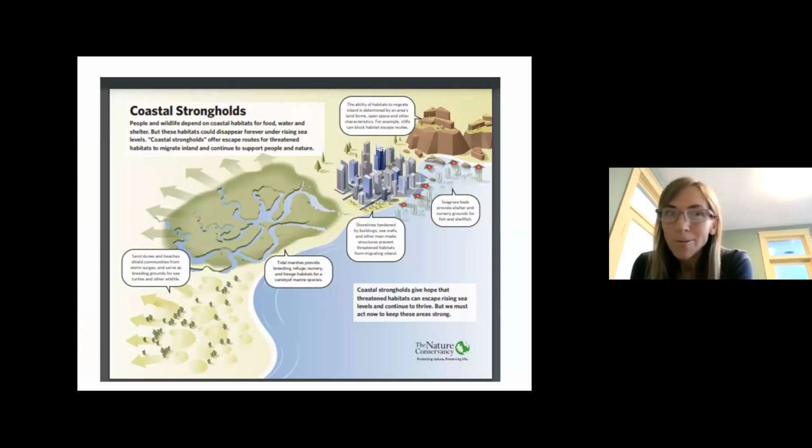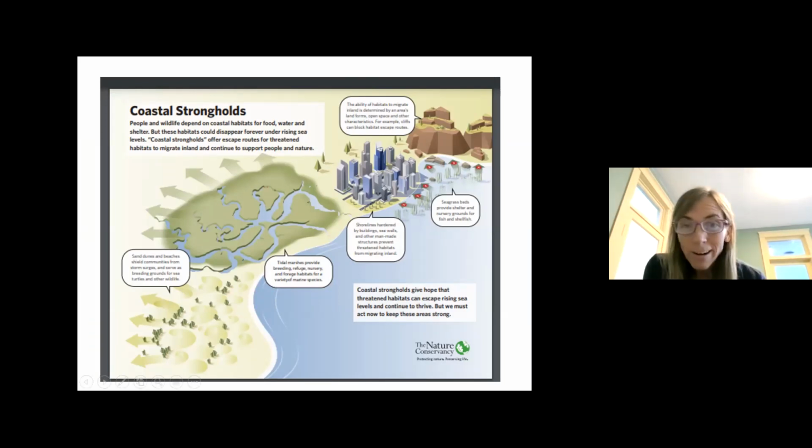We know that coastal areas are strongholds. They're where most of our population lives, but they're also a place that supports critical biodiversity. And the composition of these coastal areas is such that, here, I'm gonna have to move y'all's faces so I can see.